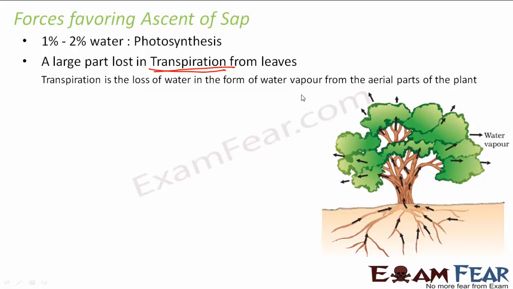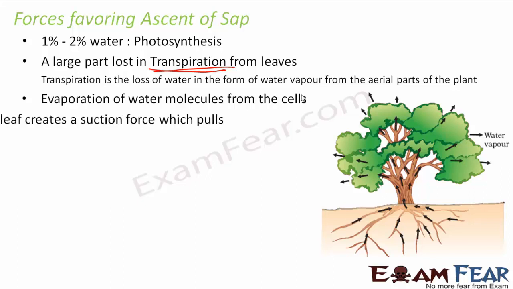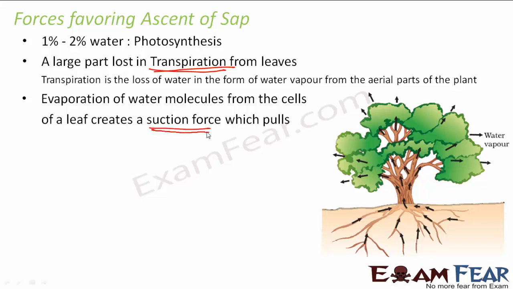Now what happens as a result of transpiration? Because of the evaporation of water molecules from the cells, a force is created. Since there is a lack of water in the leaves, they have a tendency to pull water from below. This force is known as the suction force.